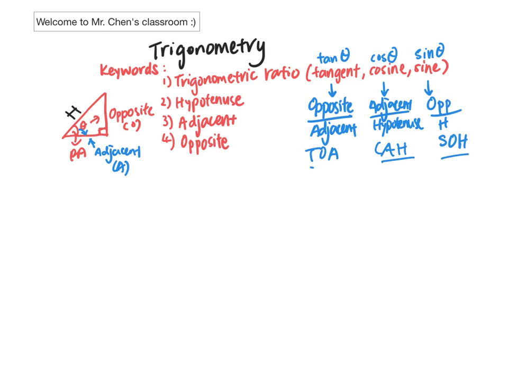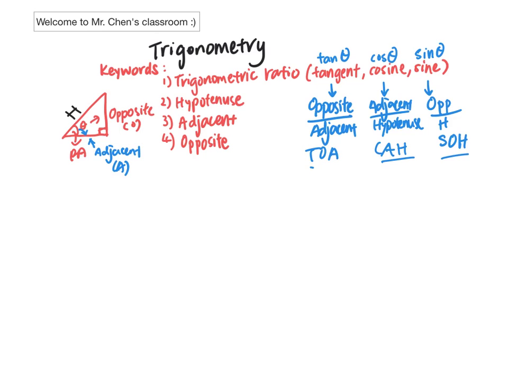Sorry, I should have written them in order, but you will get used to it. Now, Year 9s, I'm going to quickly show you a revision question on how to find the tangent, cosine, and sine ratio based on a right angle triangle.